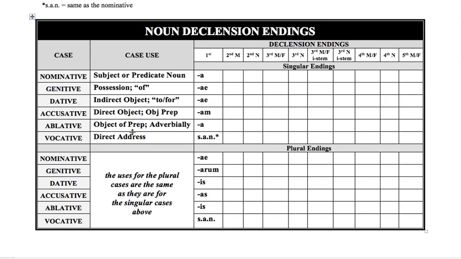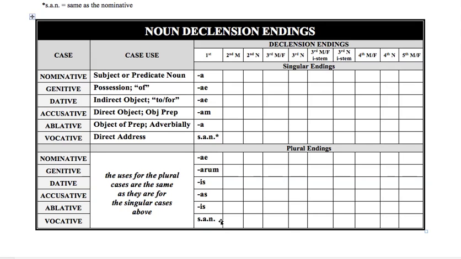Excellent. Remember, we're not saying the vocative because the vocative, we always need to remember, looks the same as the nominative. If you're wondering if there are any exceptions to that rule, there is one exception, and we will talk about that when it occurs. Not to worry about for right now.